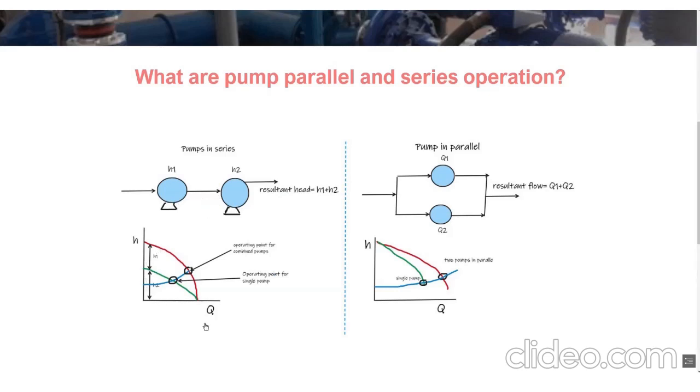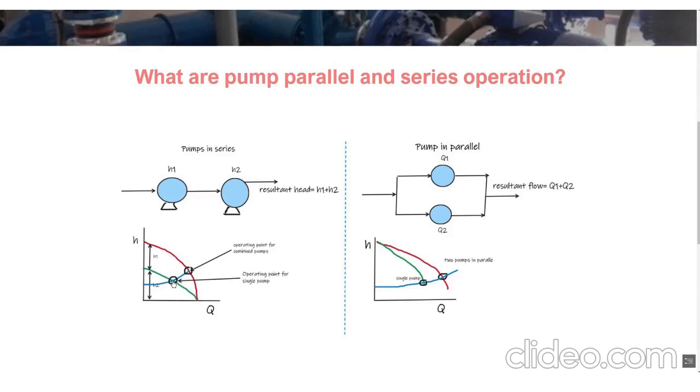We can also see the effect here in the head flow curve. The green curve is showing the head characteristic for a single pump, whereas the red curve is showing the head characteristic when two pumps are operating.